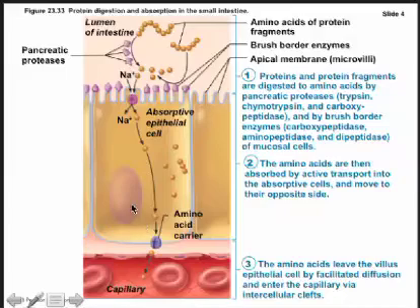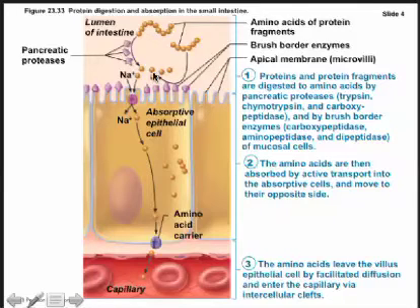Okay, so this is the lumen of the duodenum. These are the pancreatic proteases. They become activated when brush border enzymes and other activated pancreatic proteases cleave particular bonds, and then they begin the process now of degrading these polypeptides into their component amino acids.